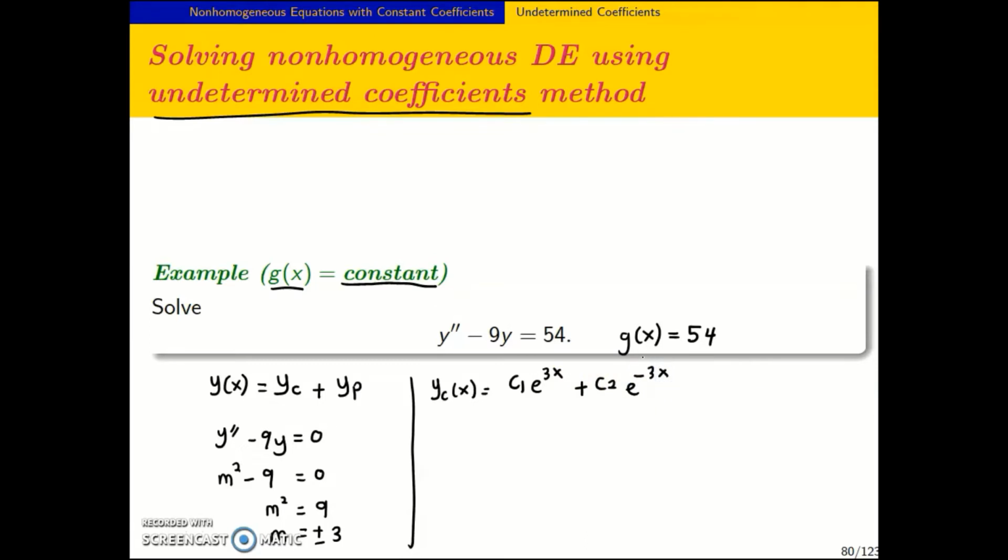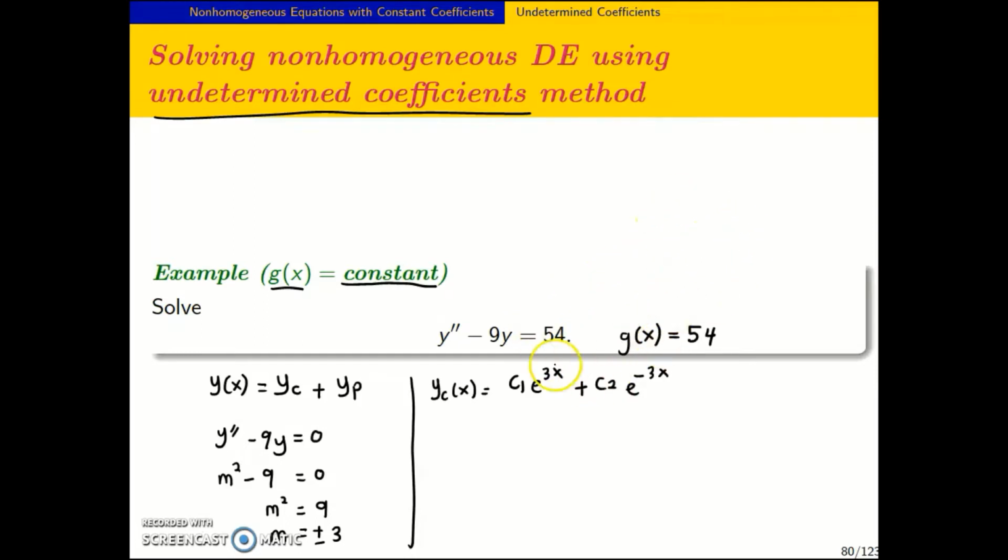This is my yc, obtained the same way you find a homogeneous differential equation solution. We have obtained yc.